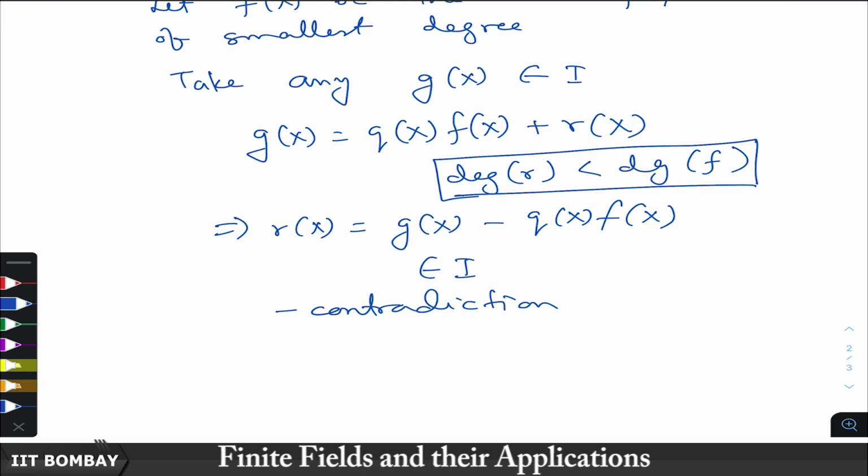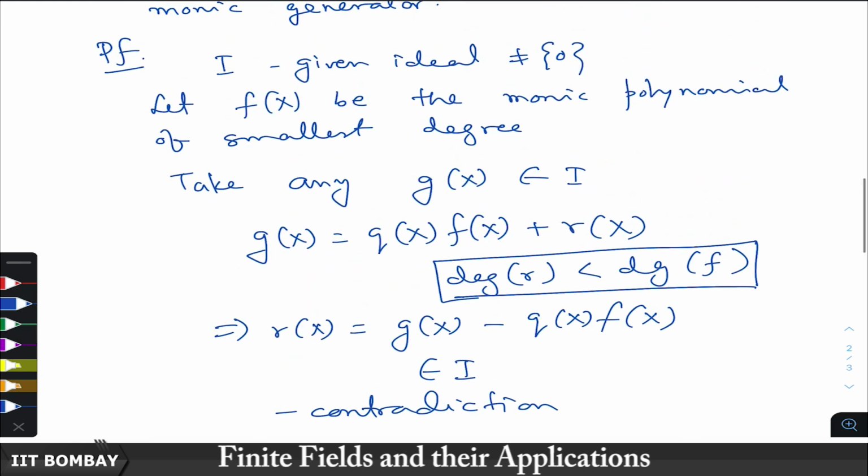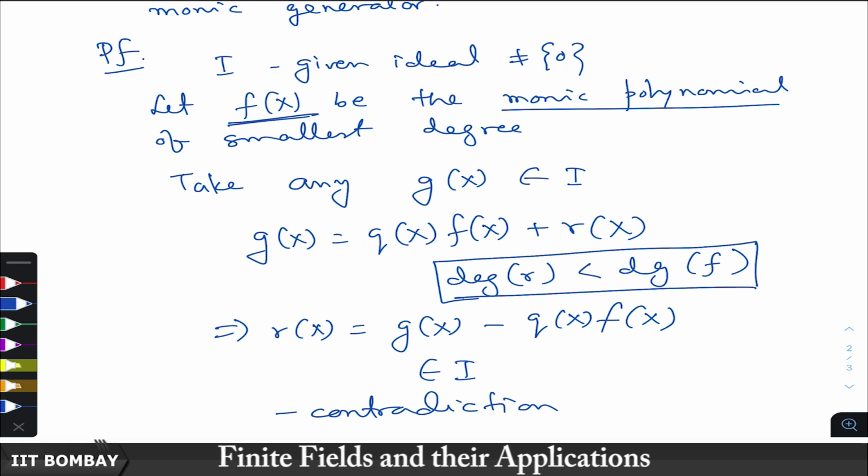Now, by the choice of f(x), it is clear. So, f(x) is a generator and this is a monic polynomial of smallest degree. Now, if there are two such polynomials, clearly each of them divides the other.